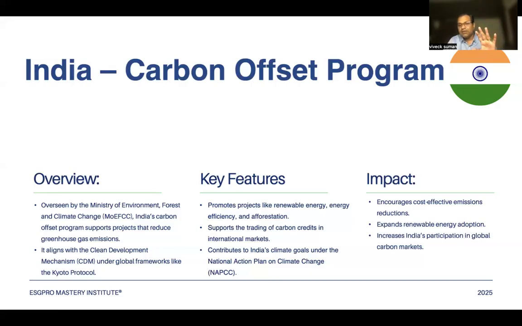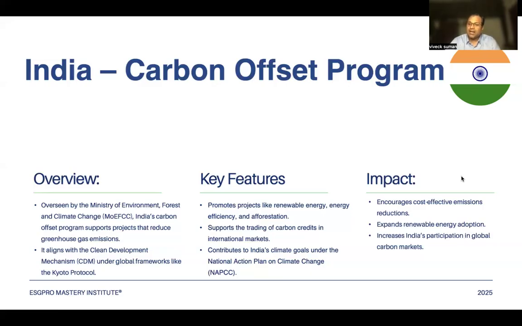They have followed all those regulations and adopted a policy with a purpose. The Ministry of Environment, Forest and Climate Change introduced this program to support projects that directly reduce greenhouse gas emissions. Directly. The condition is you have to directly do it. Don't say that indirectly my value chain is doing it.